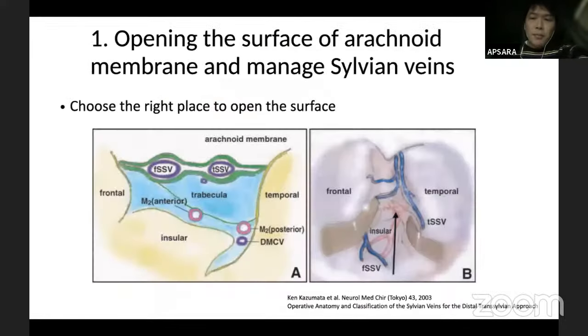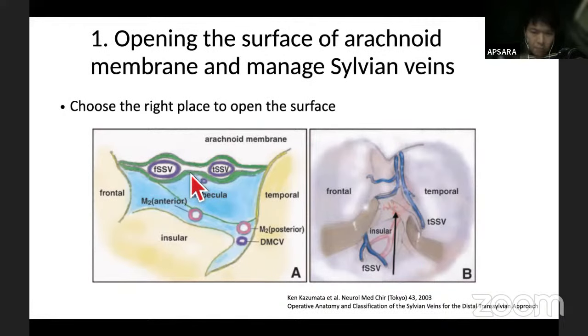For the Trans-Sylvian approach, the first point is to open the surface of the arachnoid membrane and manage the Sylvian veins. Like in figure A, the arachnoid membrane has a surface layer and a deeper area, which overlap the superficial Sylvian veins.